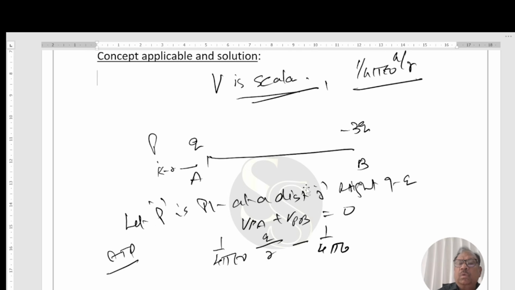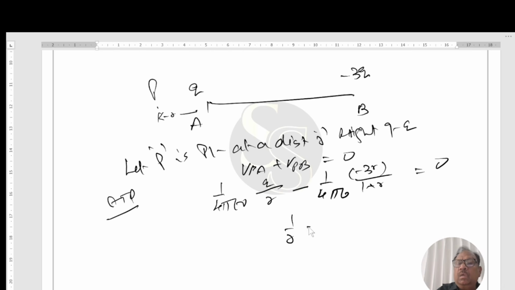This is 3q upon 1 plus r equal to 0. So this comes out to 1 by r equal to 3 upon 1 plus r. ये माइनस साइन लगा दिया ना, फिर यहाँ माइनस लिखने की जरूरत नहीं. 1 plus r equal to 3r, 2r equal to 1, r equal to 1 by 2, that is 0.5 meter.